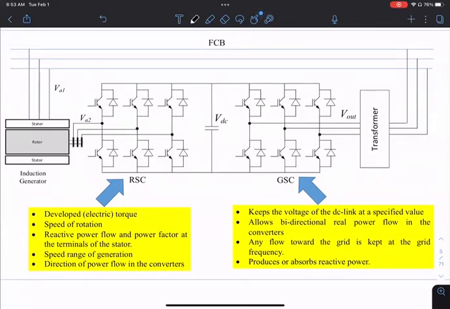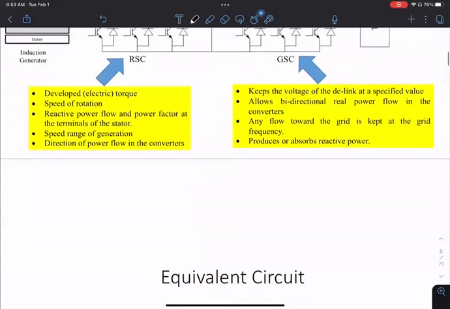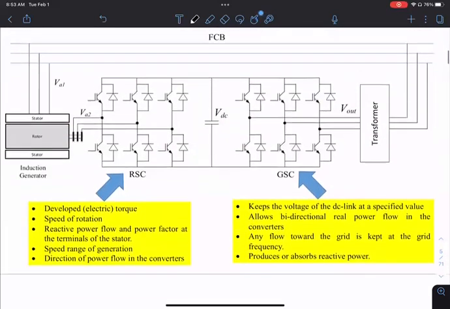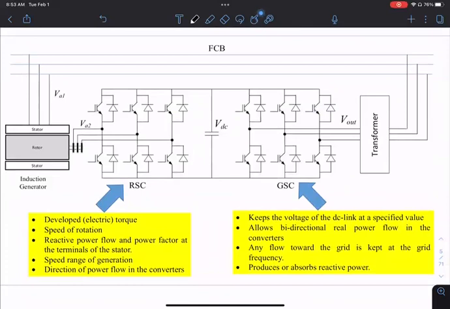Okay, so these are the components in it. The equivalent circuit will be pretty simple. From the rotor side, all I care about is, this is my induction machine. What does it see when it looks at this voltage?